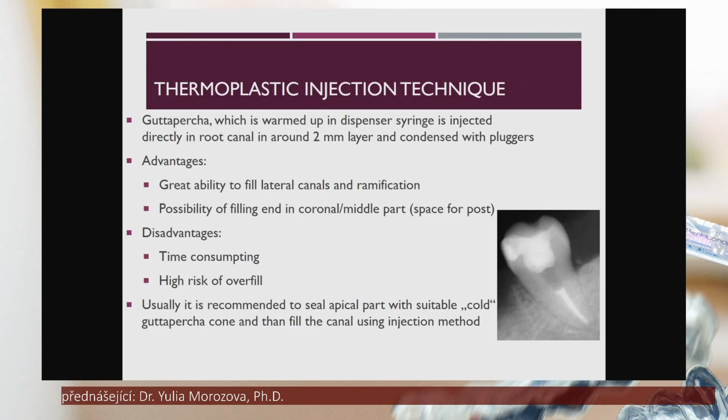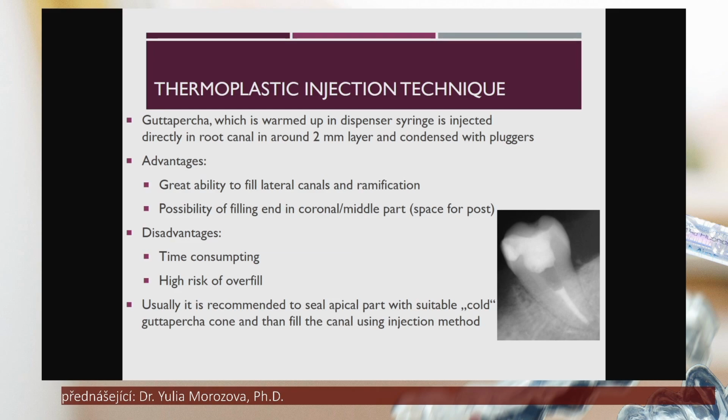The next final method that we can use to provide the definitive root canal filling is the thermoplastic injection technique. In this case, gutta percha is warmed up in a special warming device and delivered through a special dispenser syringe, so-called injected into the root canal in layers of around 2 millimeters and condensed with pluggers.